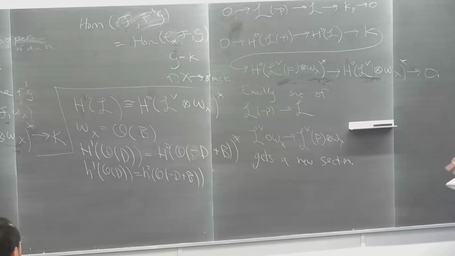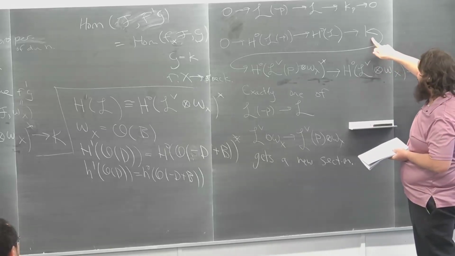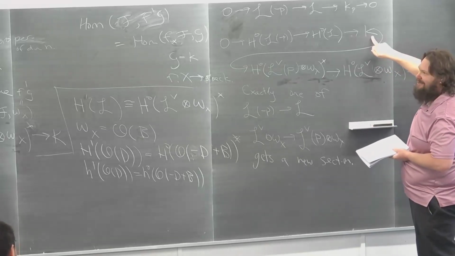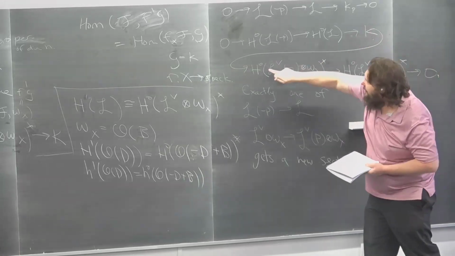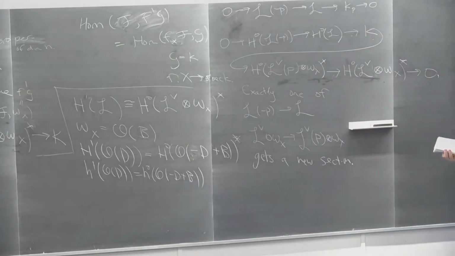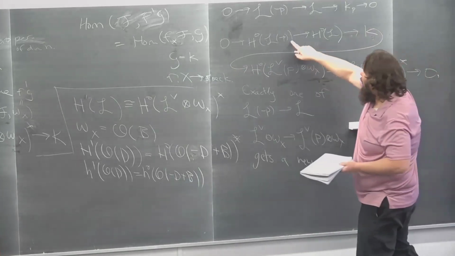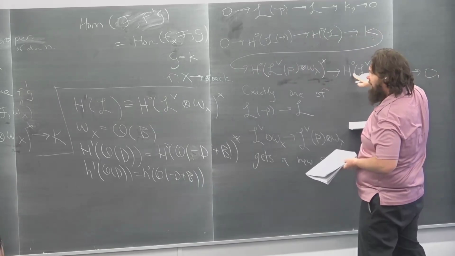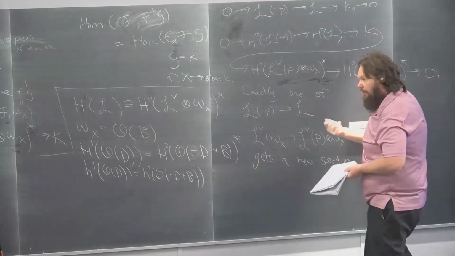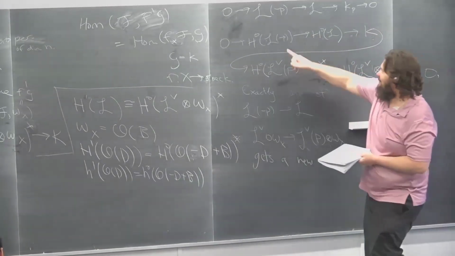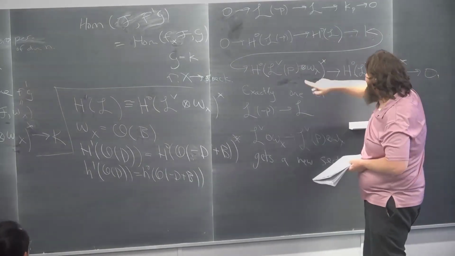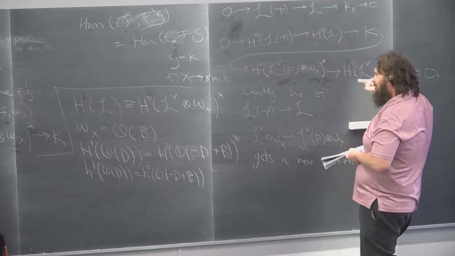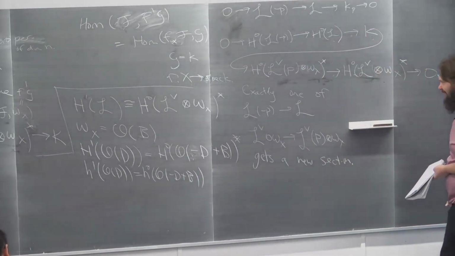Okay, so this tells us that either this map is surjective and this map is 0, or this map is 0 and this map is injective. So either way, one of these maps is an isomorphism, and the other one is injective with one-dimensional cokernel, or surjective with one-dimensional kernel.